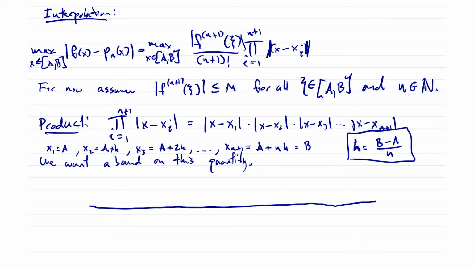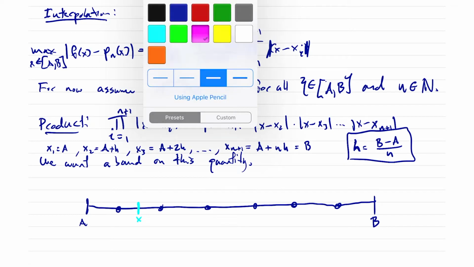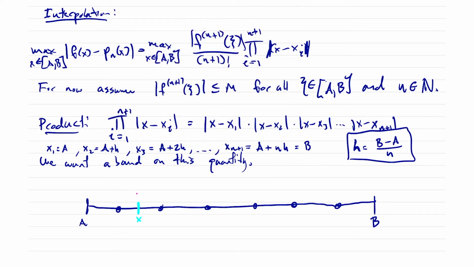Okay, so let's talk about it. We have an a here, we have a b here, and we have a whole bunch of points. What this product is doing is I'm taking this point x, and I'm looking at all these distances. So the distance between x and x1, which was a, is the absolute value of x minus x1.